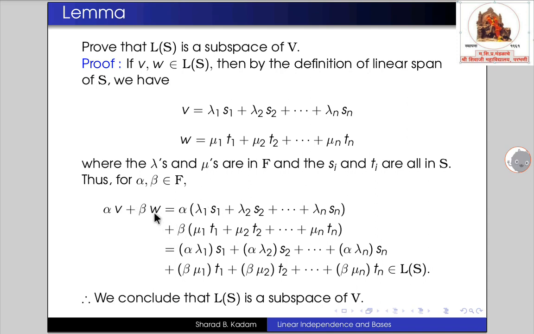Instead of W we put mu 1 T1 plus mu 2 T2 plus so on up to mu n Tn.